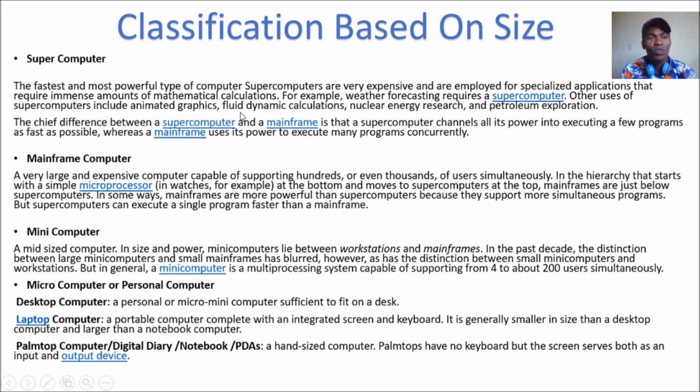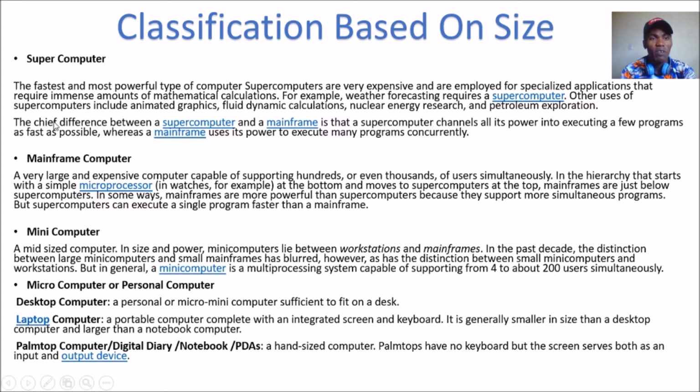Other uses of supercomputer include animated graphics, fluid dynamic calculations, nuclear energy research, and petroleum exploration. As you can see here, we now have an idea of what supercomputer can do. They are so powerful and strong that they are used in big organizations to carry out specific and large tasks.